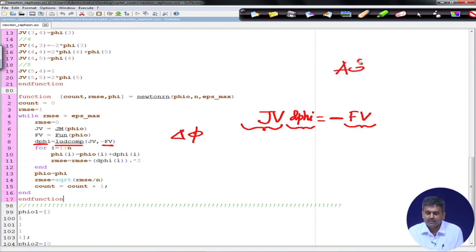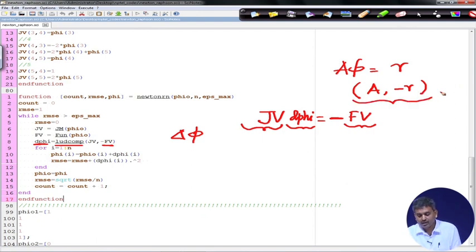The general structure was A phi equals r, but if you want to use LU decomposition to solve this one, that is JV into del phi equals minus FV, we can transfer this information, that A and r matrix, directly to the LU decomposition code to get the solution.